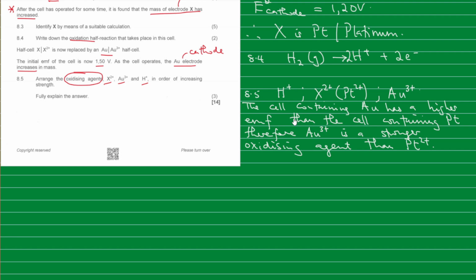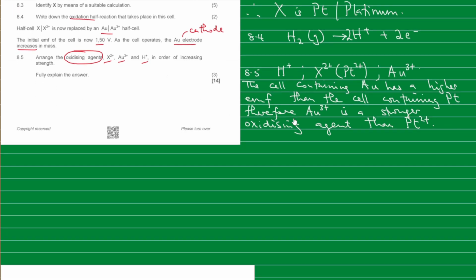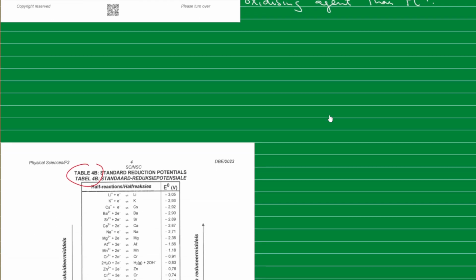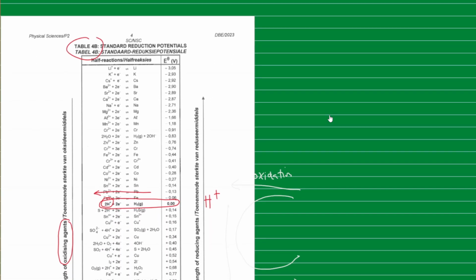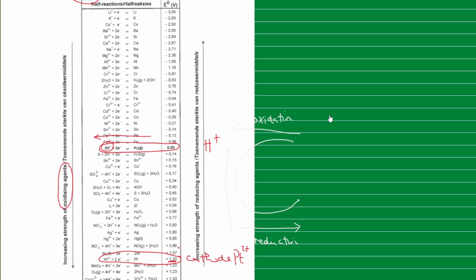Now, coming back, I just want to explain further here. We say that the cell containing Au has got a higher EMF than the cell containing platinum. Therefore, Au3 plus is a stronger oxidizing agent. Now, when you look at your standard reduction potentials, there are these arrows here.